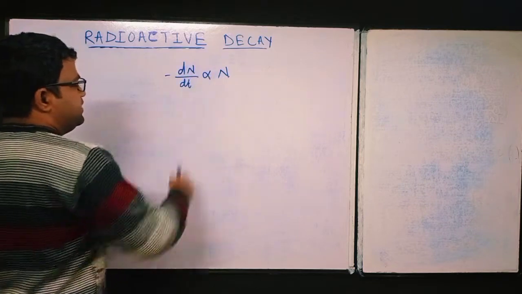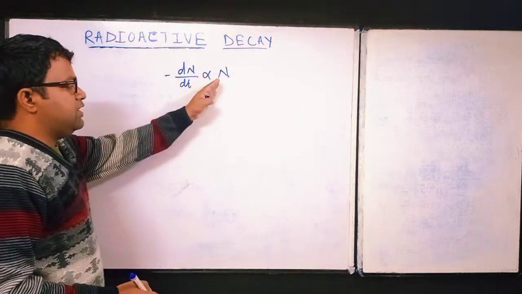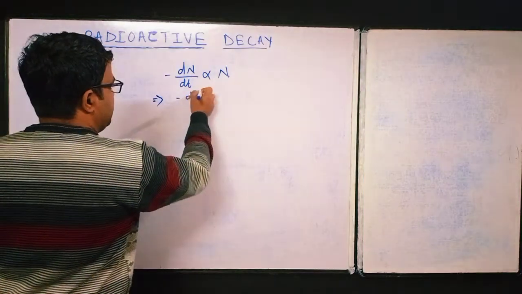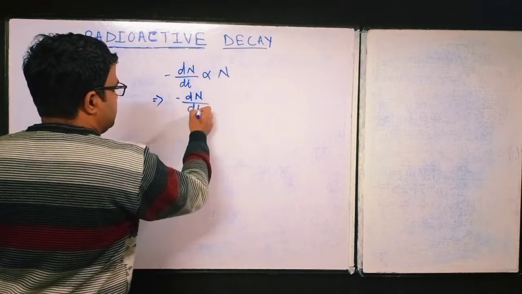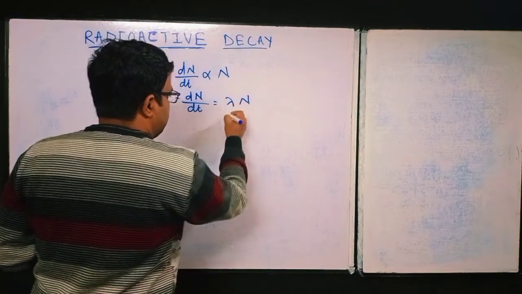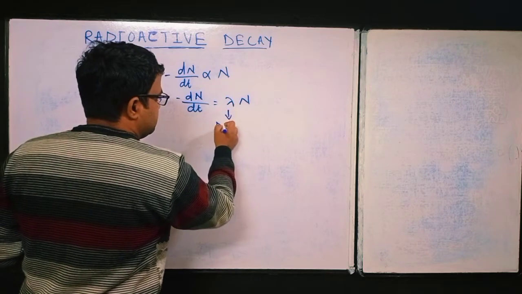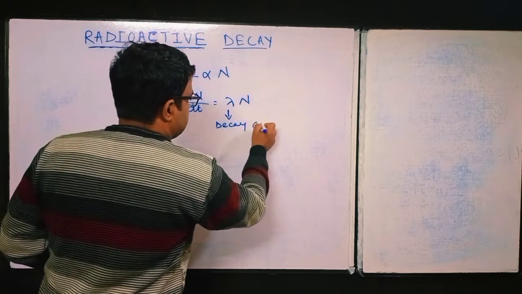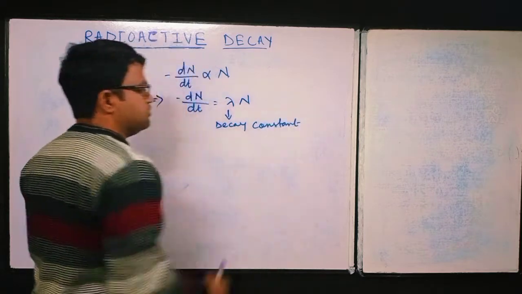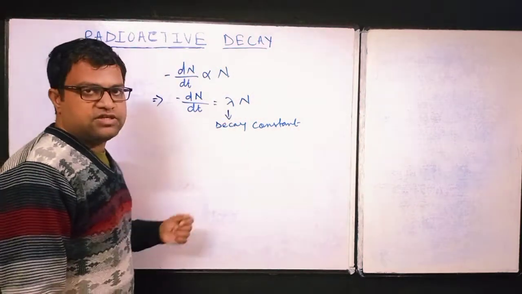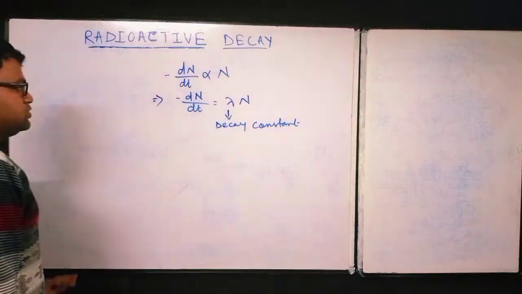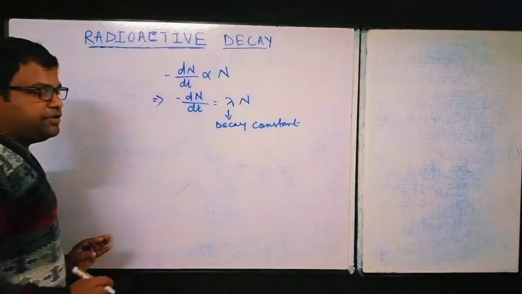So dN by dt is proportional to N, and we can write minus dN by dt is equal to lambda N. Lambda is the decay constant, or disintegration constant also, the proportionality constant. We say it's not a wavelength, right? So this is your equation for radioactive decay.